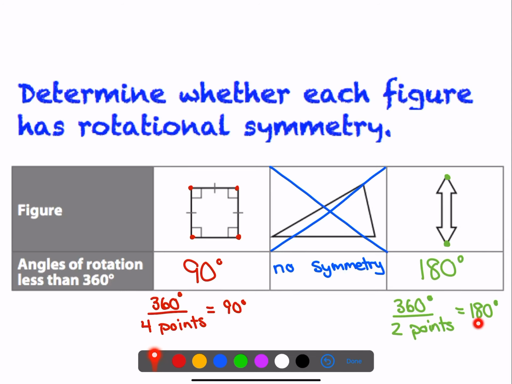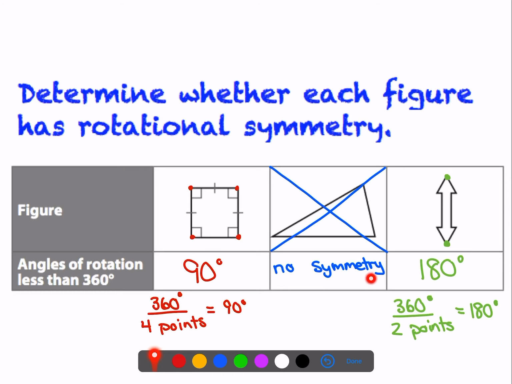And as we can see here, this is the max that we can go for our rotation, 180 degrees. If I go beyond this even by 0.01, it is no longer a rotational symmetry problem, because again, our limit is 180 degrees. And if it did go to 181, I would just write no symmetry.